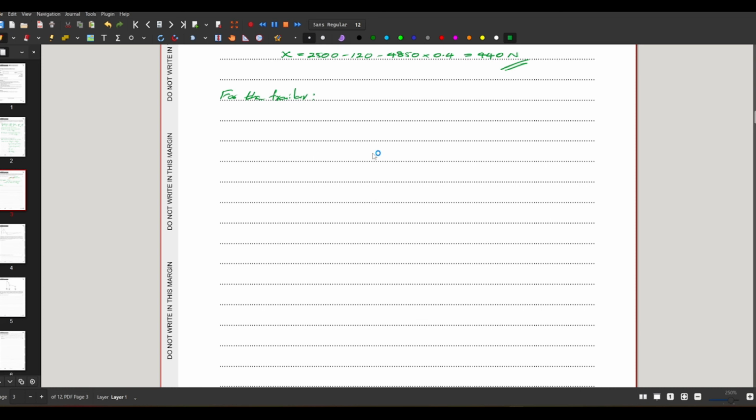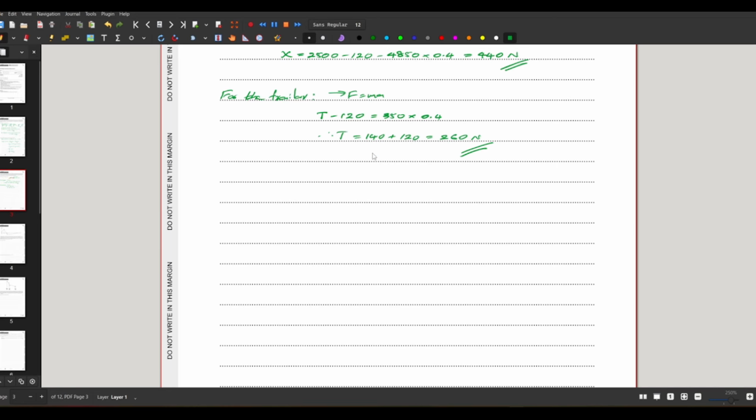We have the tension minus the friction, and the mass of this one was 350 multiplied by 0.4. So T equals 140 plus 120 when it's going to the other side. So the answer is 260 newtons.